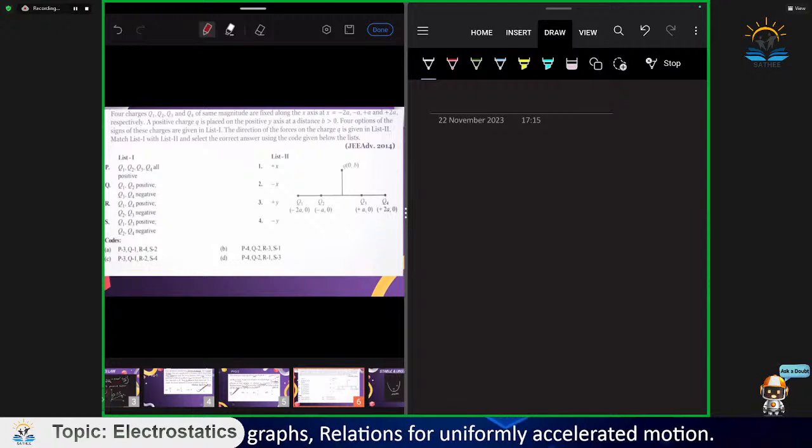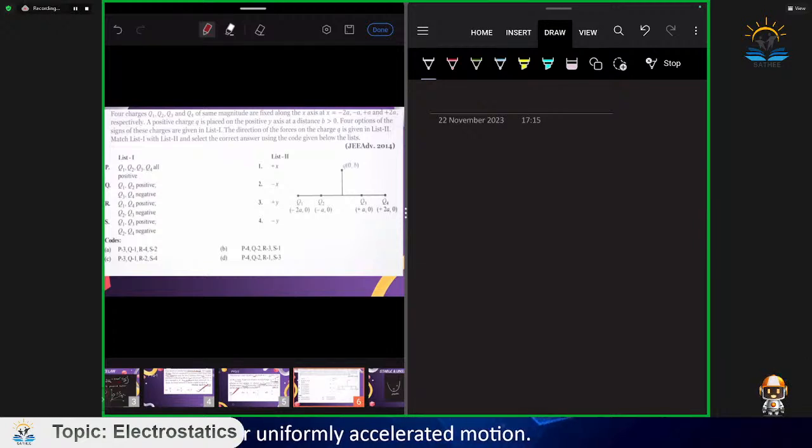Four charges Q1, Q2, Q3, and Q4 of same magnitude are fixed along the x-axis at x equal to minus 2a, minus a, plus a, and plus 2a respectively. A positive charge Q is placed on the positive y-axis at a distance b greater than 0.